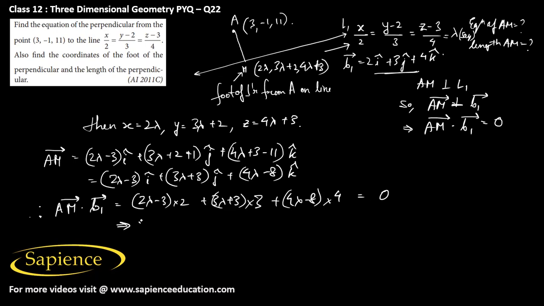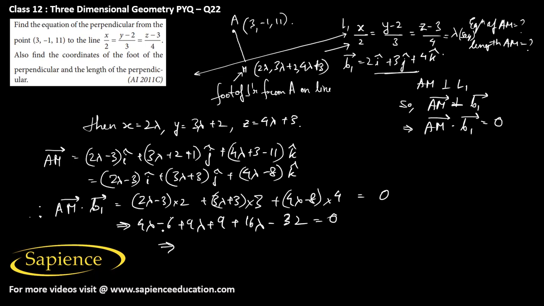Then we get 4 lambda minus 6, plus 9 lambda plus 9, plus 16 lambda minus 32, equal to 0.